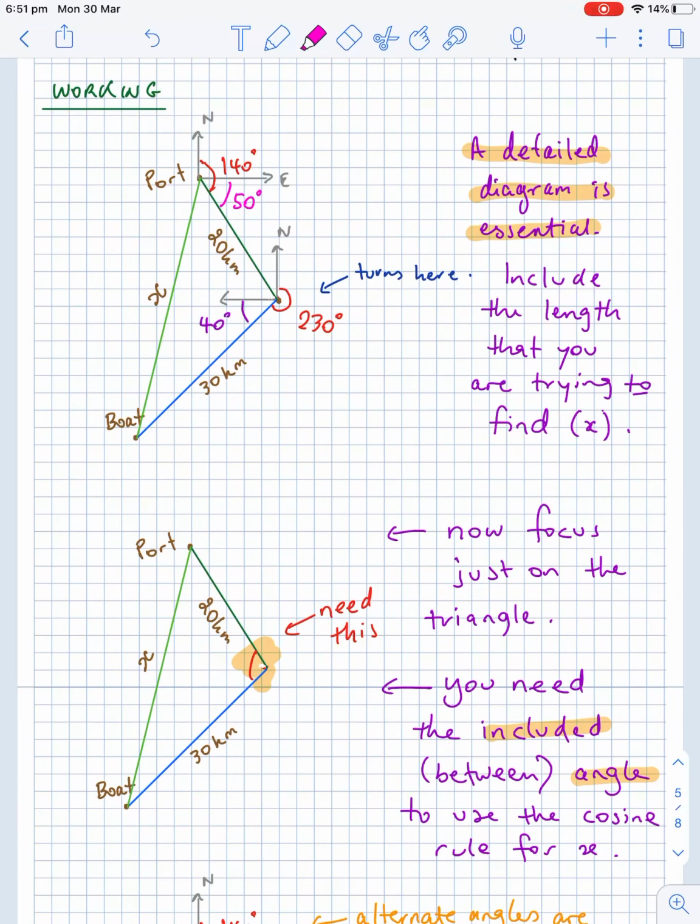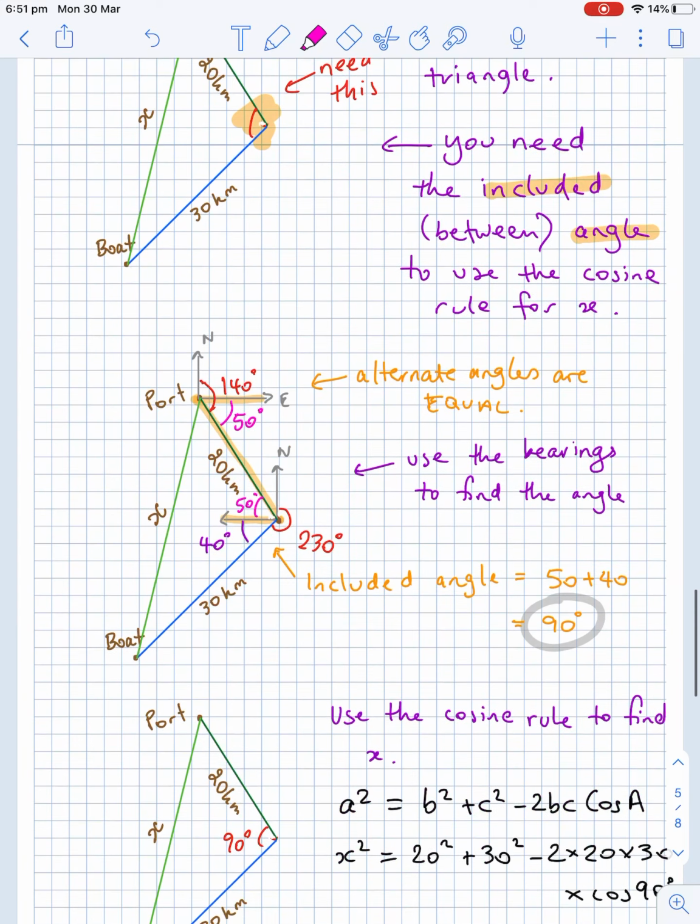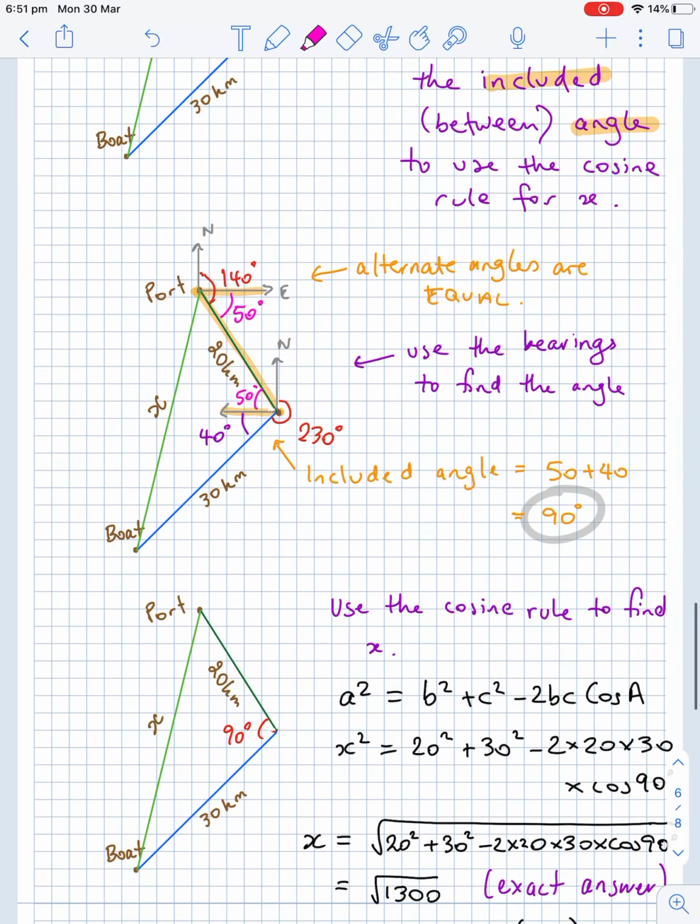Here I'm going to use my eastern line and my western line to make a Z shape. So if that's 50 in there, that means that's 50 in there as well, using the alternate angles. So that's what we need to do. That's 50 and that's 50. And therefore our included angle, this angle in here, is going to be a total of 90, because 50 and 40. So that's actually a right angle, 90 degrees.